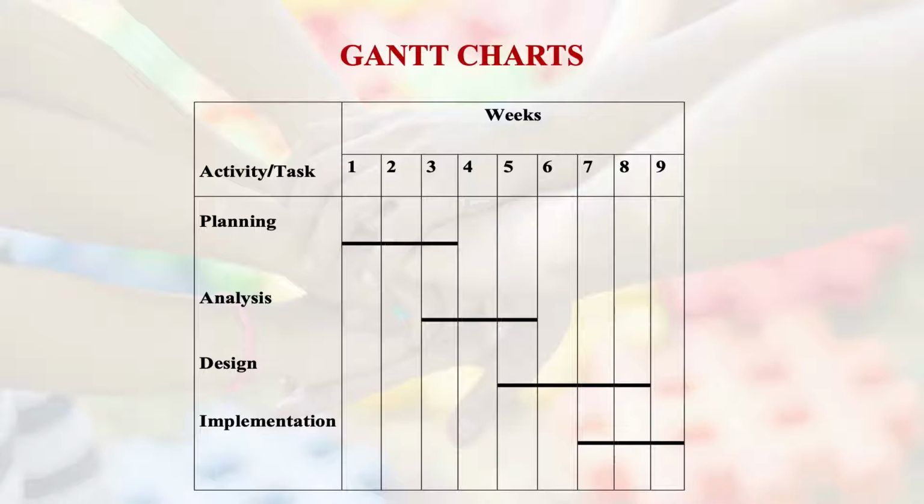But what you can see very clearly in this graph is that there are overlaps. After the first 2 weeks of planning, you are scheduling 2 activities together. Planning is going on and along with it, the analysis process starts. Similarly, design is also overlapping a little bit with analysis.